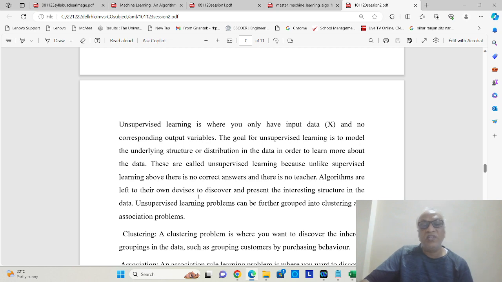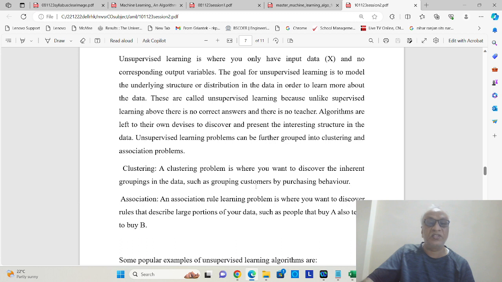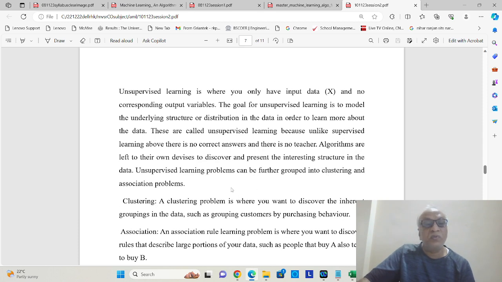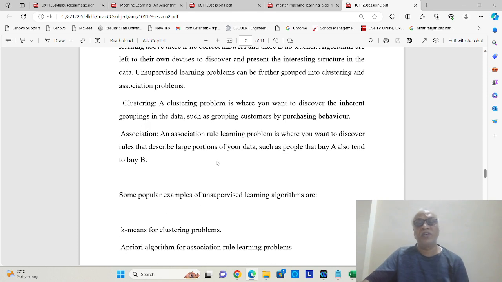Algorithms have to devise their own mechanism to discover and present an interesting structure. Unsupervised learning problems can be categorized as clustering problems and association problems. What is clustering? Grouping. In a group you have similar items, such as customer behaviors.